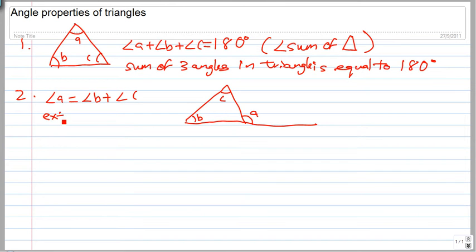The exterior angle A is equal to the sum of the interior opposite angles.